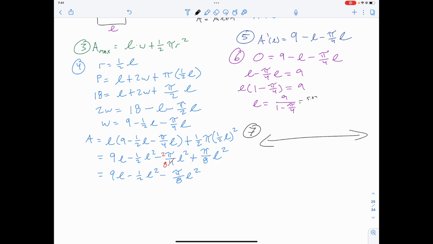So when I have my points, I'm going to have 0, I'm going to have 9 over 1 plus pi over 4, and I'm going to have 18.